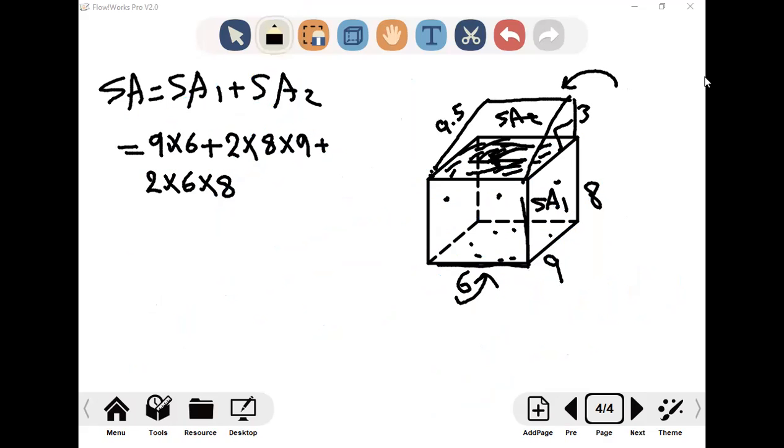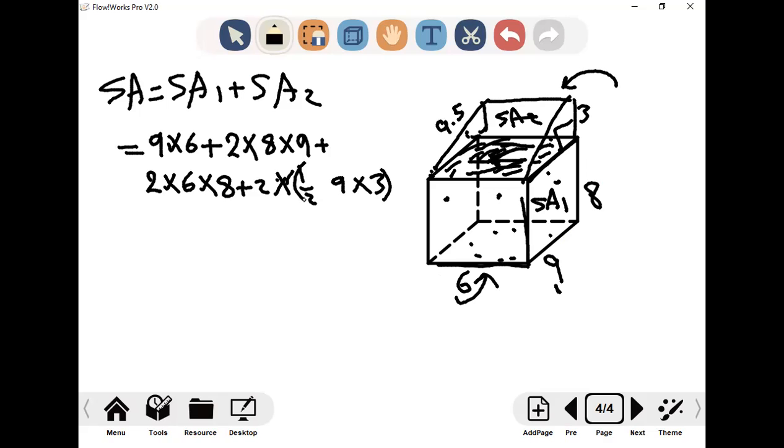Now, did you know why I didn't put 2 here? Because I want the base and the floor only. Of the upper one, I want the 2 triangles, right? We have 2 triangles here and here. So 2, now I'm in SA2, right? So 2 multiply half multiply the base, 9, multiply its height 3, half BH, remember?